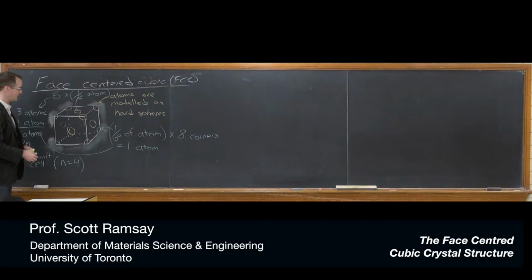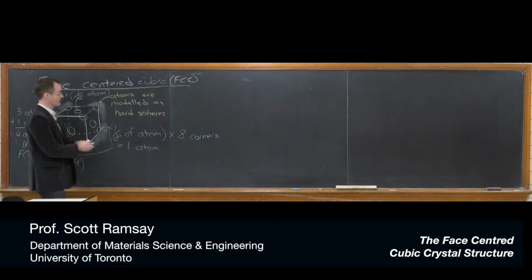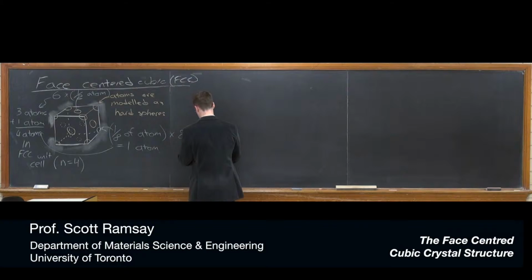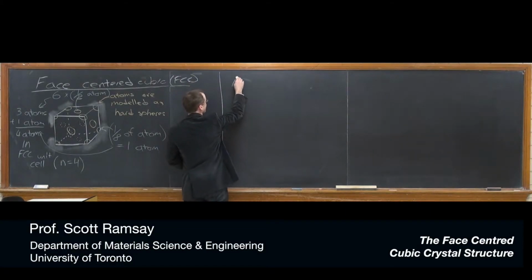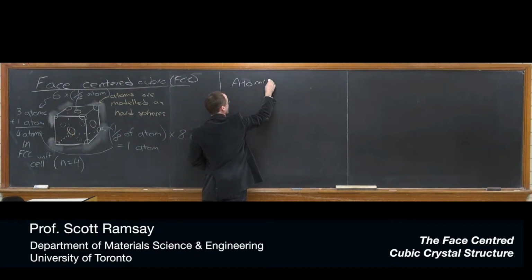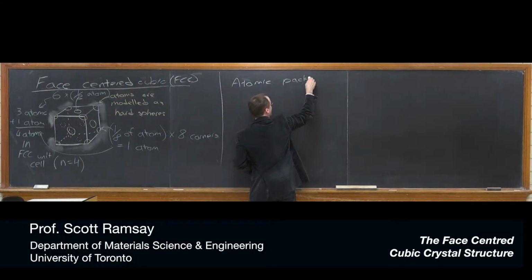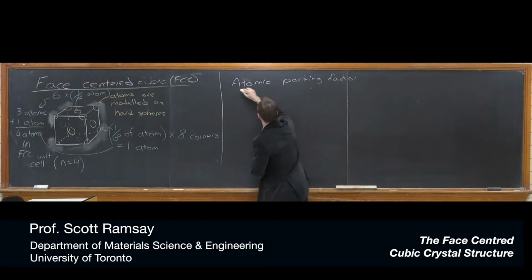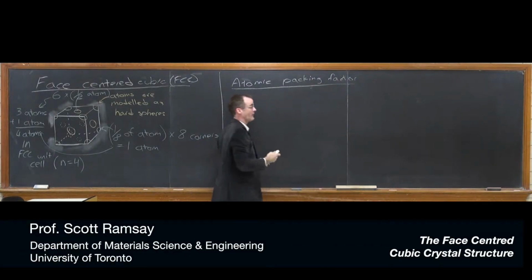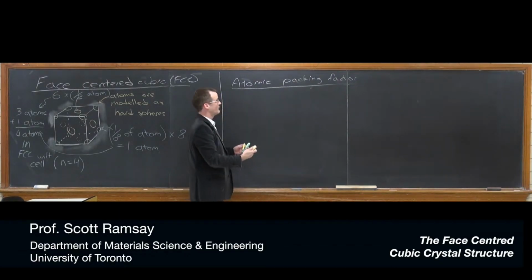So there's our FCC unit cell. We know where the atoms are and the fraction of an atom at each of those positions. So another thing that's useful to do is to calculate now the fraction of a volume that's occupied by atoms. So that equation is, and I'll illustrate over here, we call it the atomic packing factor, or you could call it the atomic packing fraction, I suppose, to underscore the fact that it's a fraction of a volume.